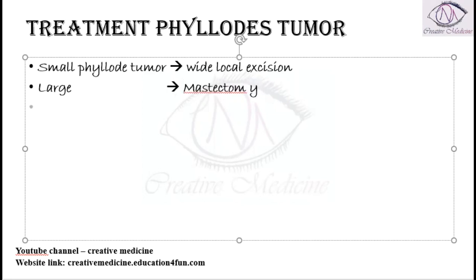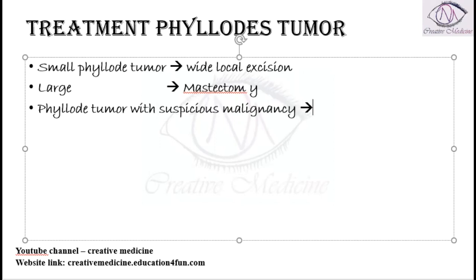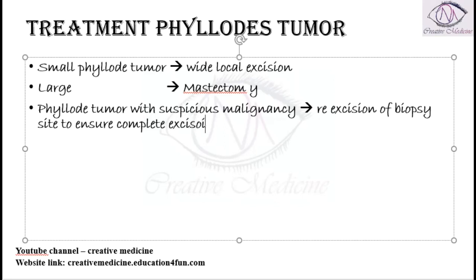But if you suspect that the Phyllodes tumor is malignant, then re-excision of the biopsy site is done. This re-excision of the biopsy site is mainly done to ensure complete excision of the tumor, and you should excise it with a 1 centimeter margin.